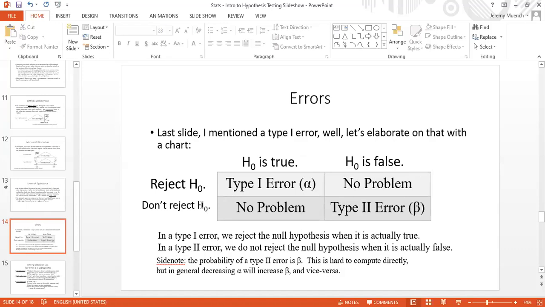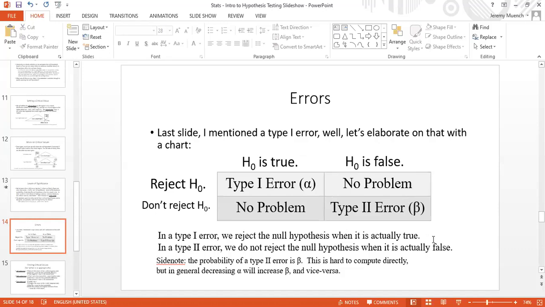This just means that we didn't find enough evidence to reject it, even though we should have, and if we had more evidence, maybe we would have. In a courtroom case, it would be finding a defendant not guilty even though it turns out they committed the crime.